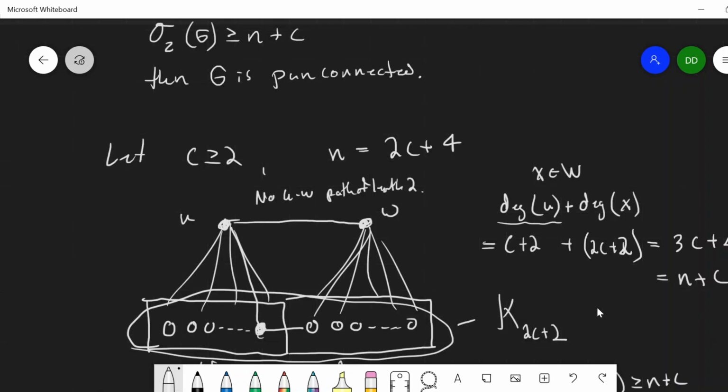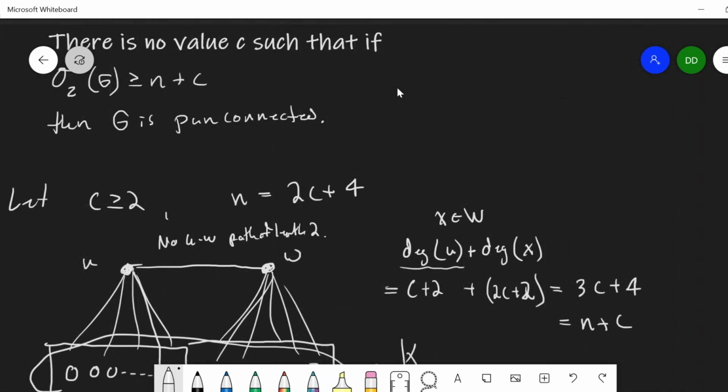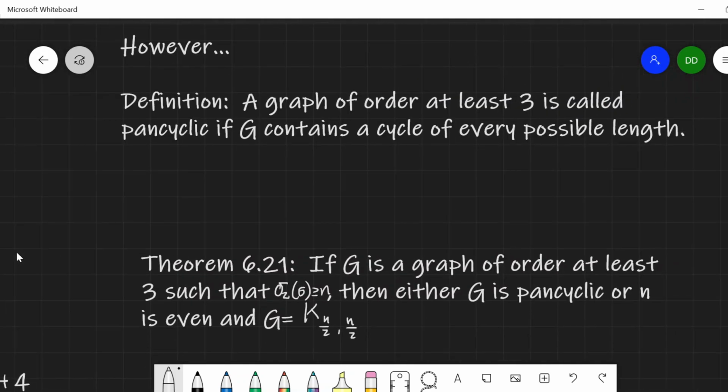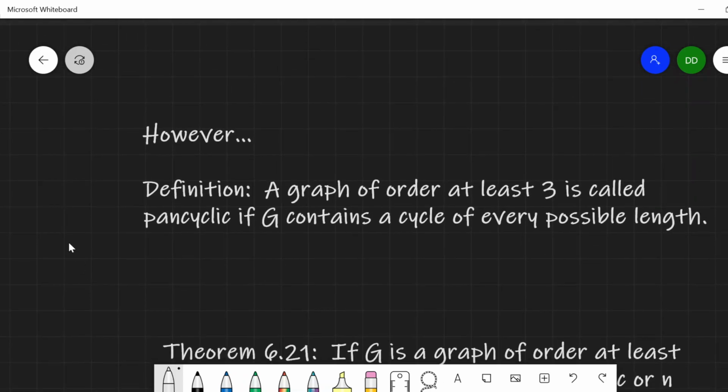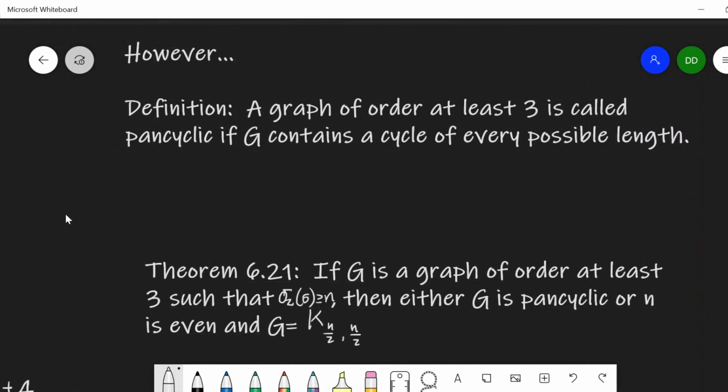Now, there's maybe a little smidgen of that being saved. While there's no Ore type result for this, and really the natural thing, the way I presented this would have been n plus 2, there is an Ore type result for a related definition.